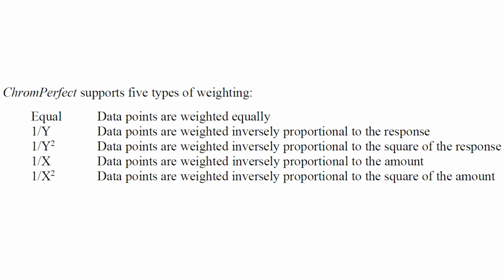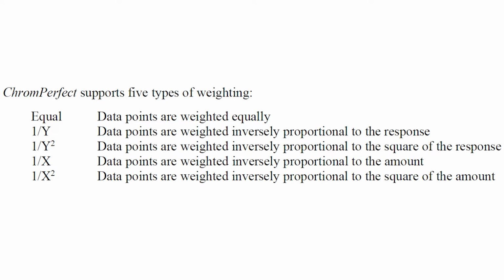ChromPerfect supports 5 types of weighting, shown on screen. Only the first 2 types have any formal mathematical justification. Inverse square weighting is like inverse weighting in its effects, but more extreme, and is preferred when inverse weighting does not give the desired effect, as is sometimes the case when the range of the data points, amount or response, as appropriate, is less than 100.